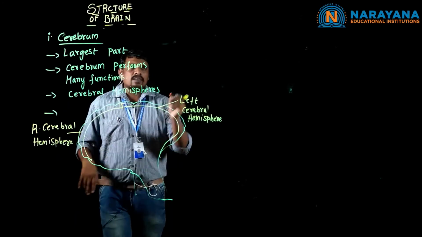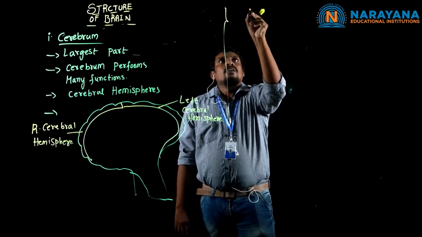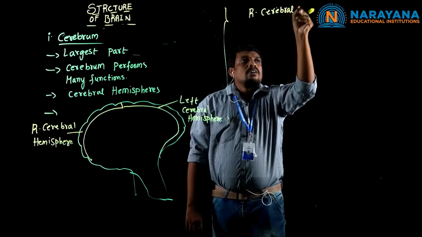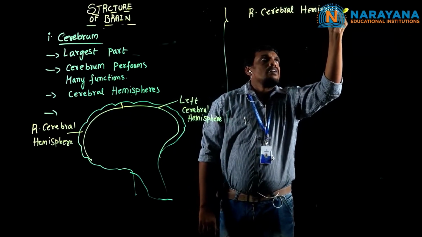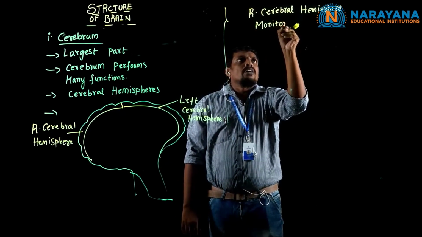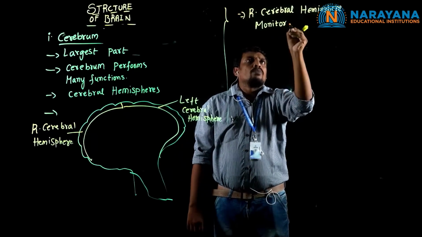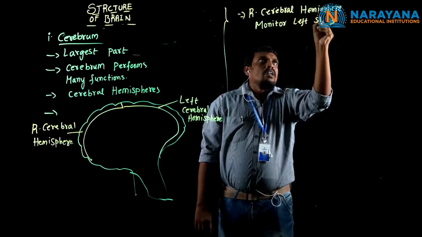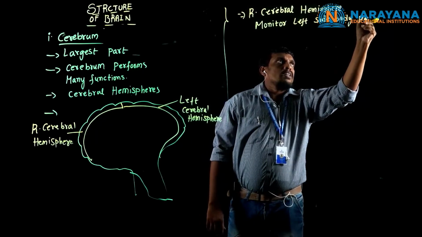Once again, let me write here: right cerebral hemisphere monitors or controls left side organs, left side body parts. Monitor or control, both are the same. Clear?